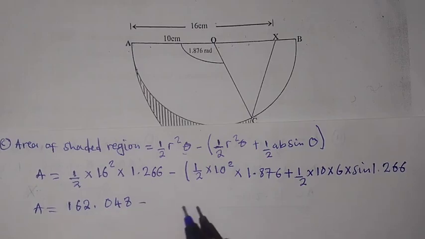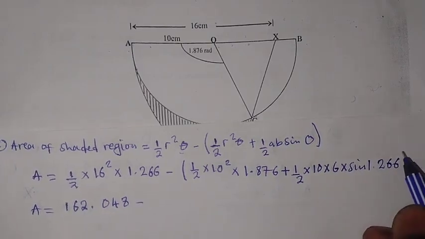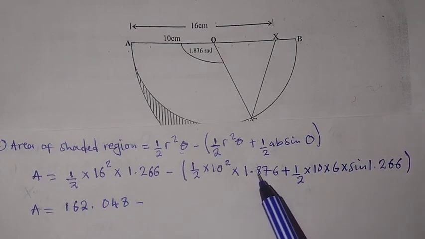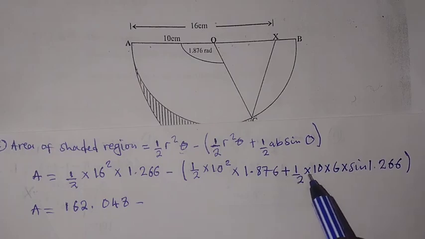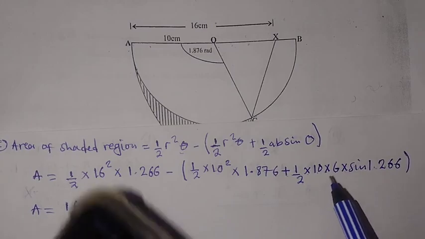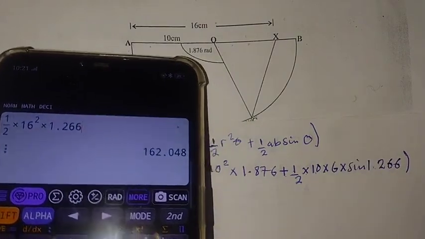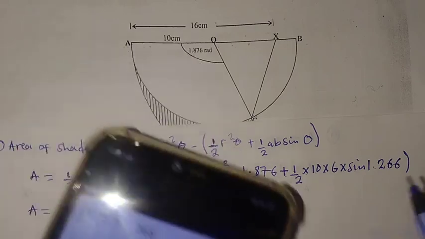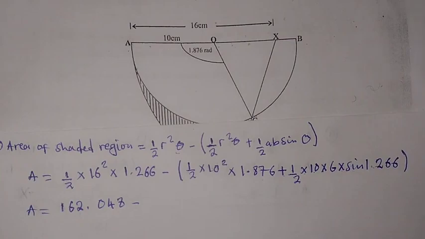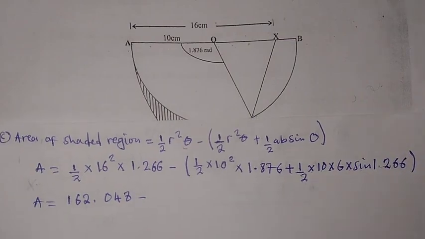Now we can punch for this one: half times 10 squared times 1.876 plus half times 10 times 6 times sine 1.266. Remember, your calculator should be in radians, as mine is, because all these angles are in radians.